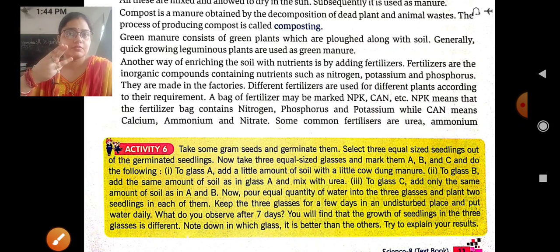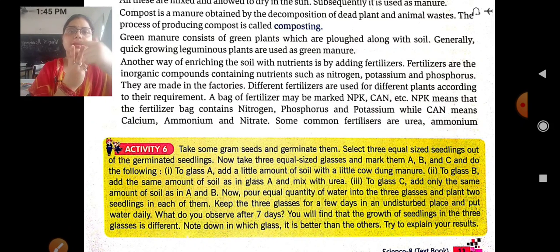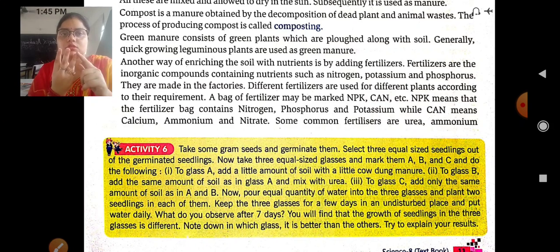3 conditions we have to do. We have to take A, B and C, the size of the glasses will be the same. In A, you use a little soil and cow dung as manure.